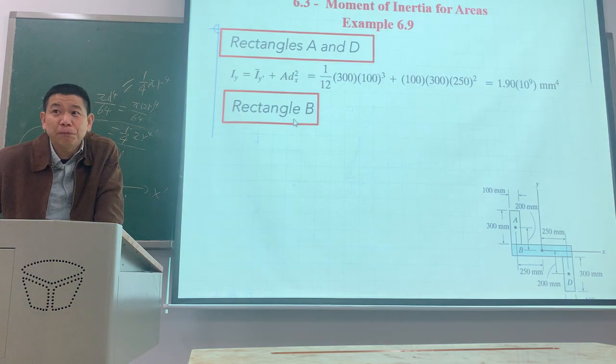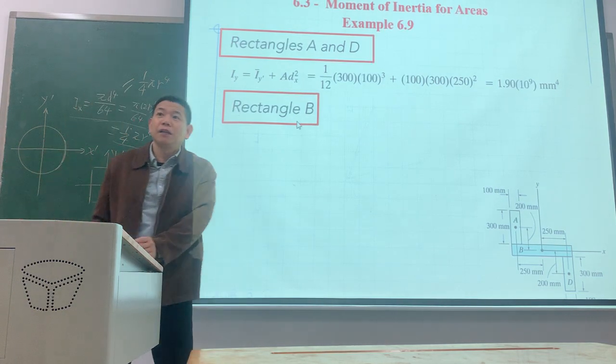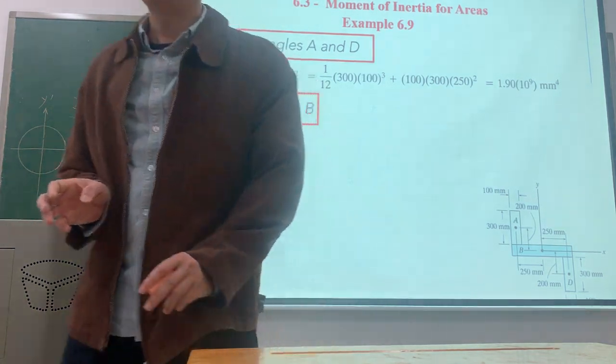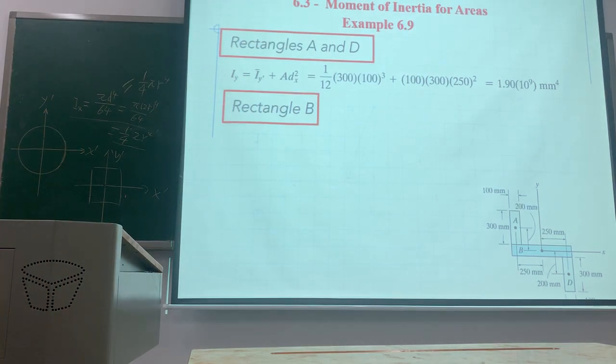So for rectangle B, what if it's not the same? If A and D are different, like the measurements of this are different to this, then you have to calculate each.